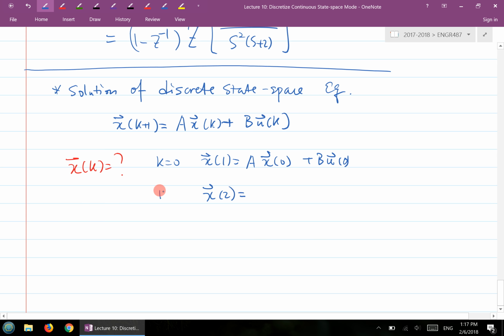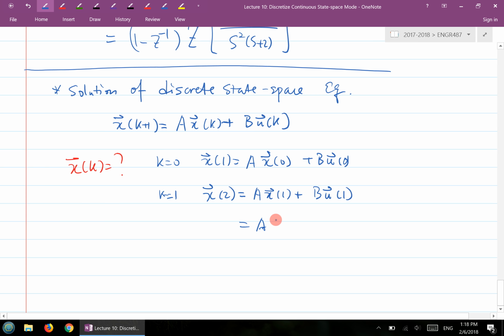Then at k equal to 1, the second iteration of the loop, that gives us a times x of 1 plus b times u of 1, right? But I already have x of 1 from the previous step. So you store it somewhere, and we can substitute this x of 1 from the previous step.